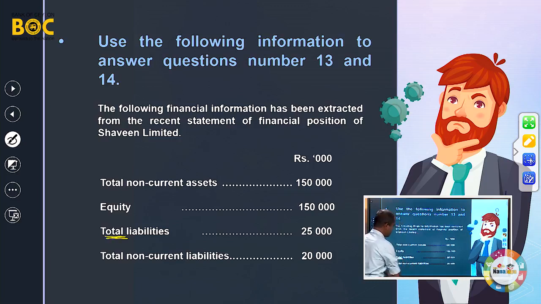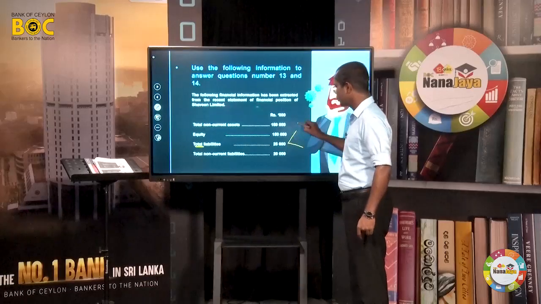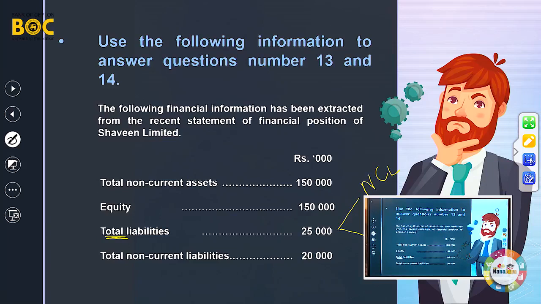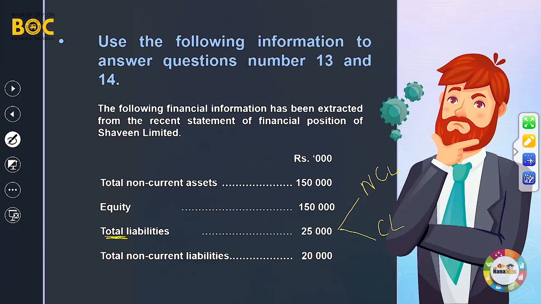25 million total liabilities. Once you read the question, you want to be familiar with it. The total liabilities consist of non-current liabilities and current liabilities.